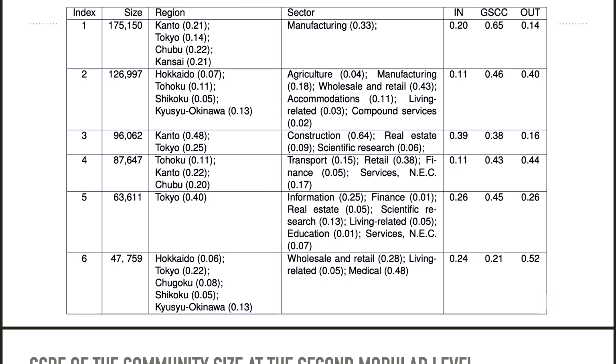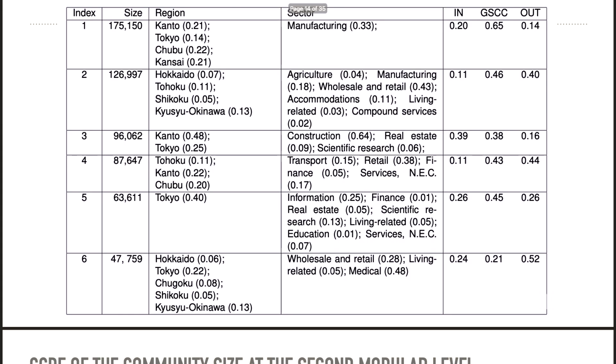We also show how many firms are from the different components of the bow tie structure. You can see that the largest community, community 1, which I showed you in the first picture, is mostly firms from the giant strongly connected component, first and second.